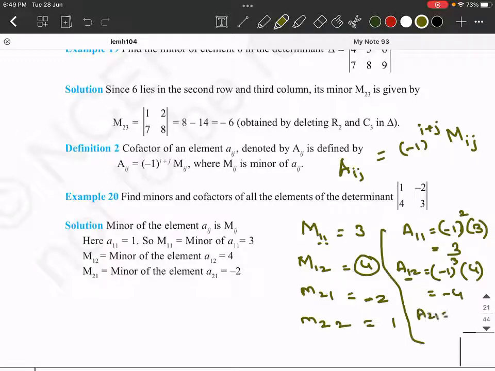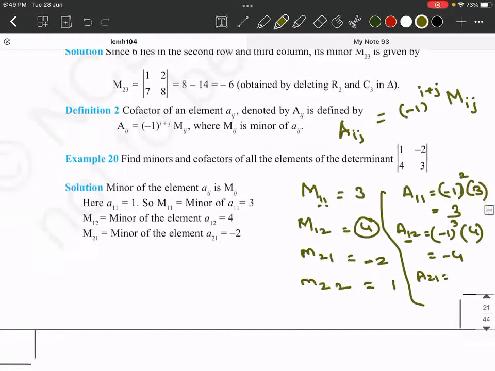A21 is how much? Minus of -2, -2. Minus of -2. -1 power 2 plus 1. It's okay, you can make mistakes, no problem. 2. Next, what is A22? I hope you are clear with this. Right.